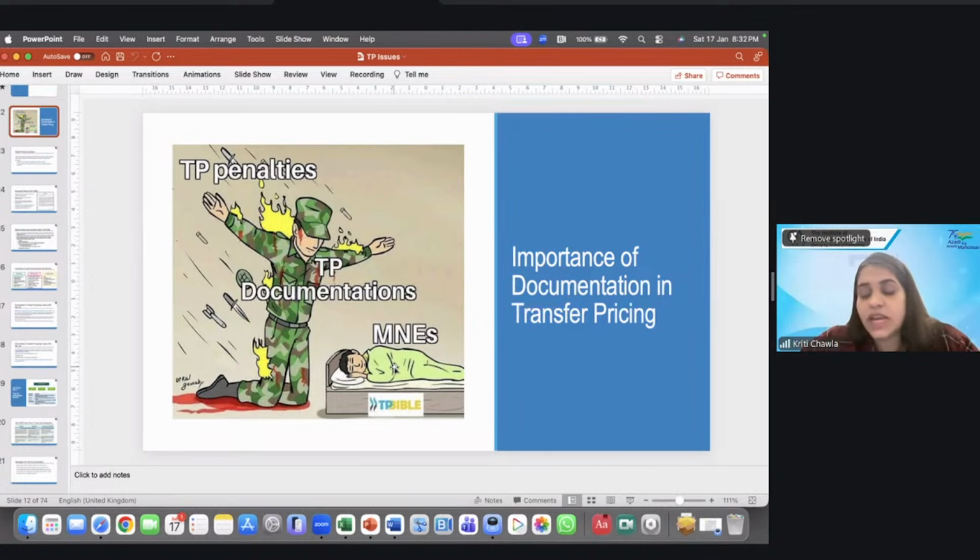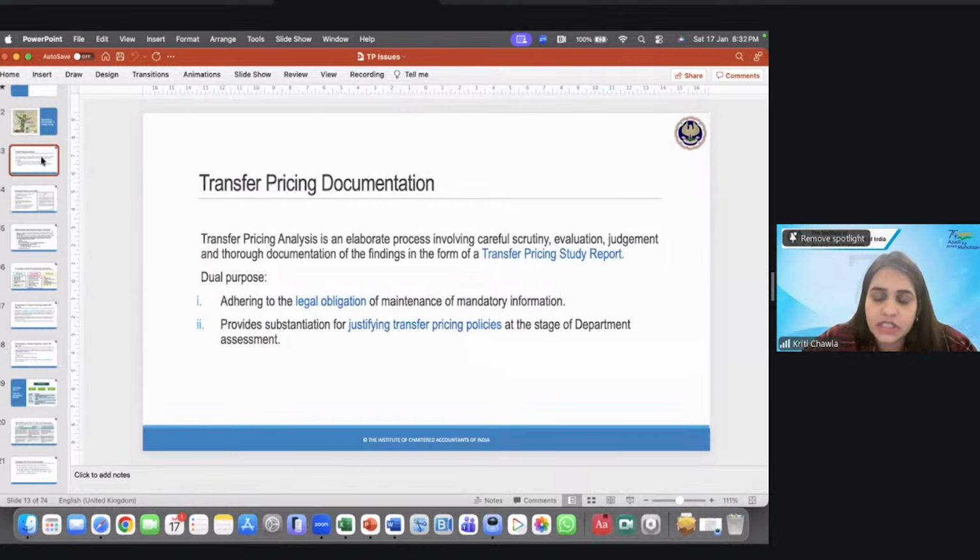When I say that it will actually protect it, that is because from a transfer pricing perspective, it is obviously a very elaborate process, in the sense that it will require a lot of judgment, a lot of findings that will be put in the transfer pricing documentation. But then there is a dual purpose that it actually performs.